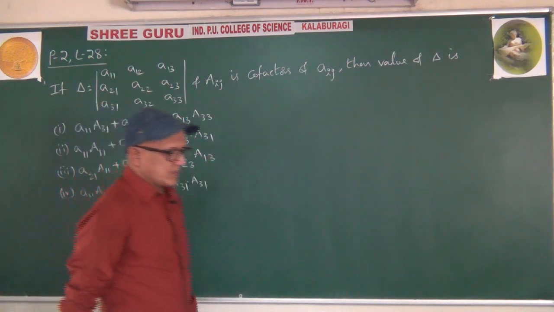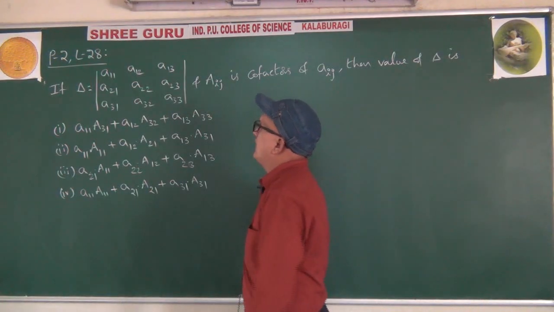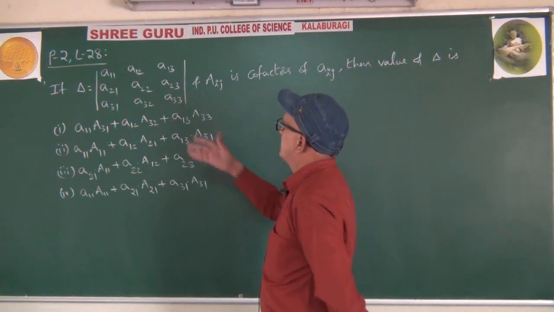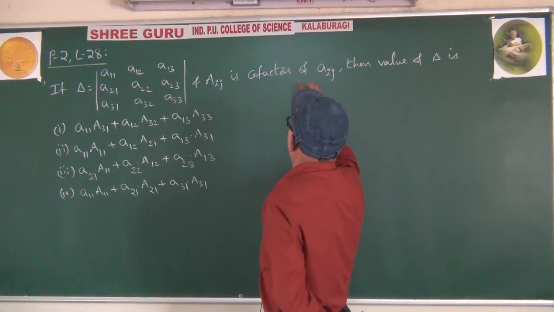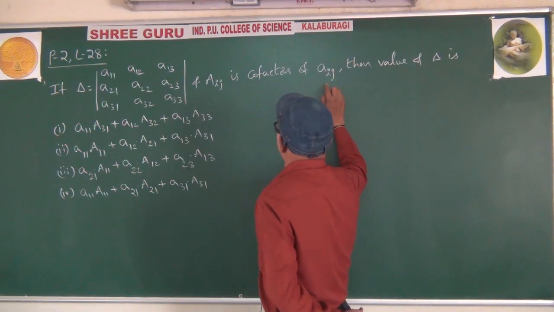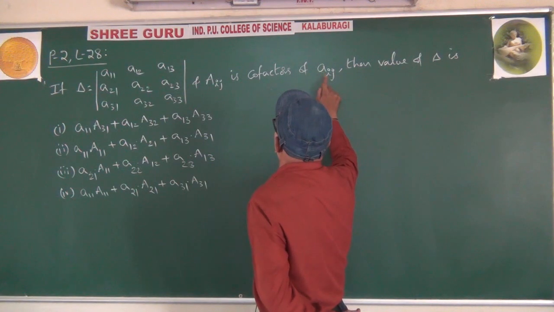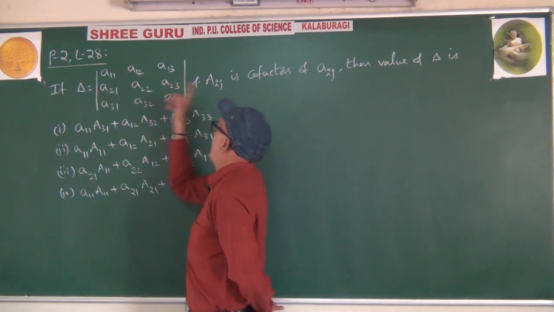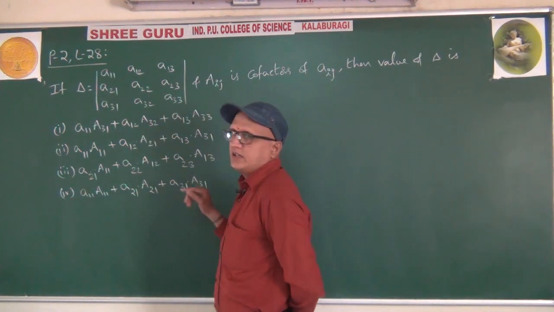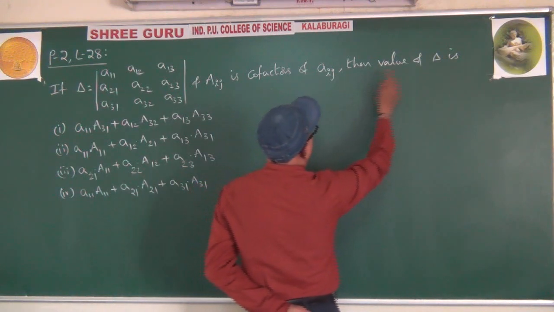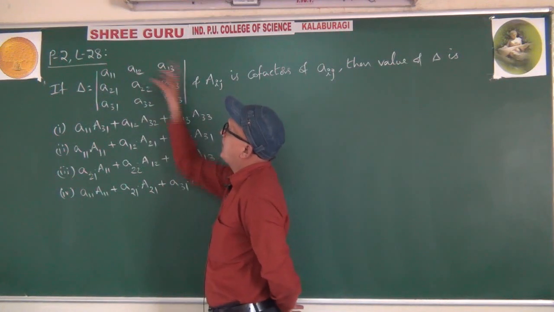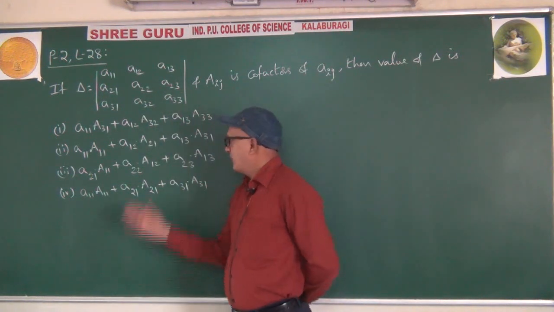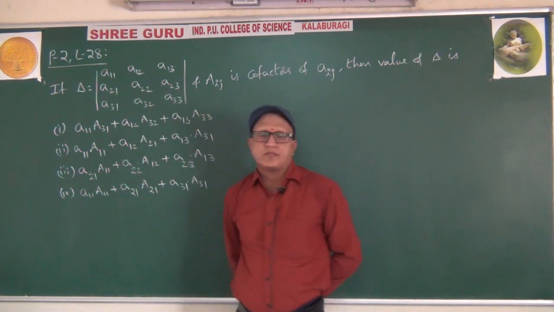So here is the question. If delta equals something, and capital Aij is the cofactor of Aij, meaning the cofactor of A11 is capital A11, like that, then the value of delta, if you expand this, which one will come?